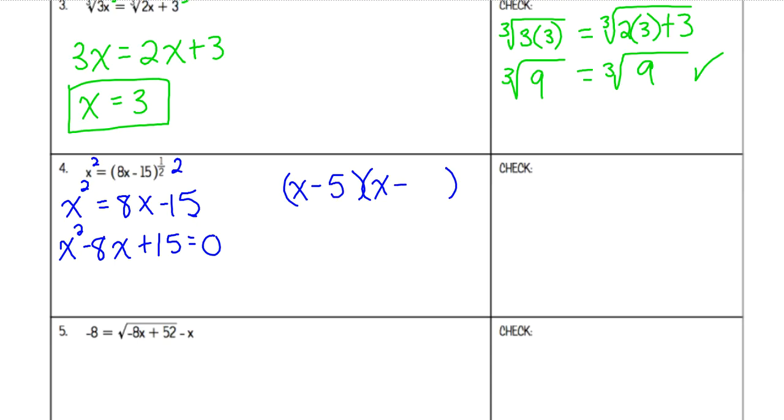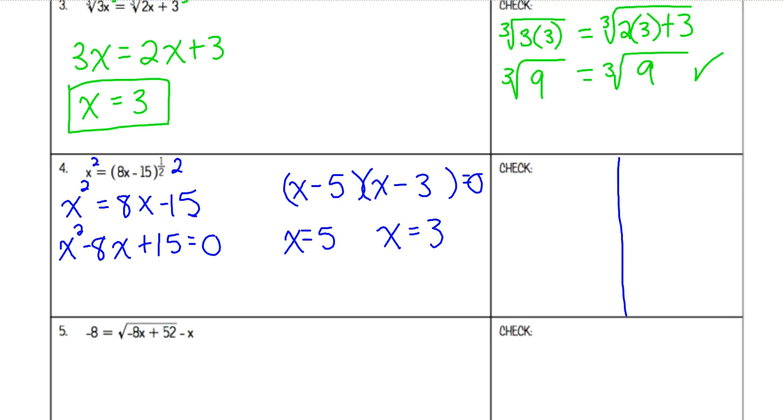Negative 5 times negative 3. That was going to give me positive 15, and negative 5x minus 3x is going to give me the negative 8. So in order for that to equal 0, my solutions are going to be 5 and 3.